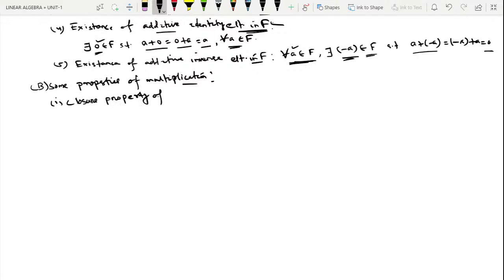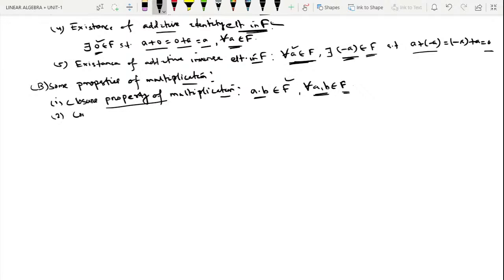Like the closure property of addition, we can write A into B belongs to F for all A, B belongs to F. If A and B are any two elements from this set F, then their product must lie in the same set. That is the closure property of multiplication.